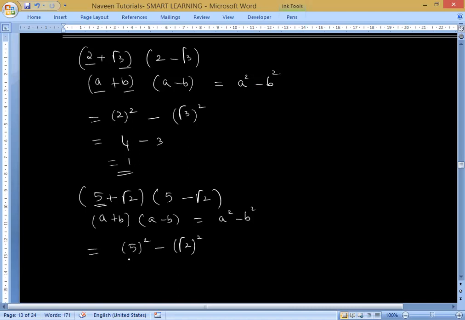The value of a is 5, so 5 square minus b square, where the value of b is root 2. So 5 square is 25, and root 2 square is 2.